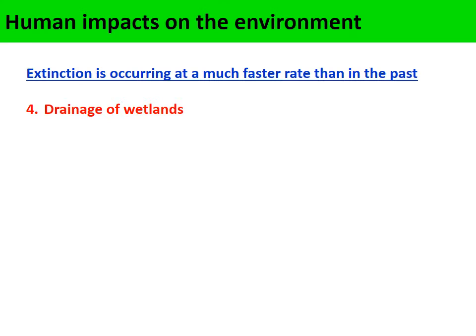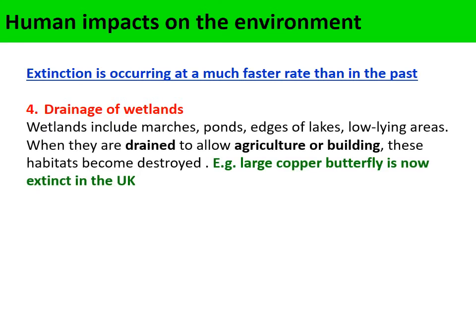The fourth idea is called drainage of wetlands. So wetlands are really important areas that provide many different habitats and microhabitats for many different types of animals. So we know wetlands include the marshes on the edges of ponds and lakes, and low-lying areas as well.